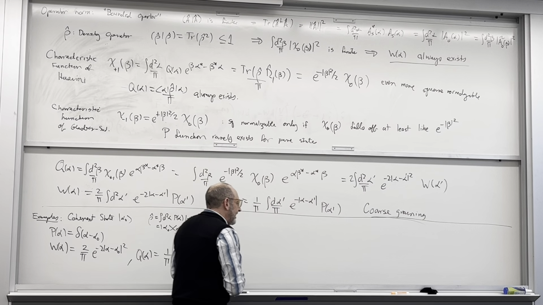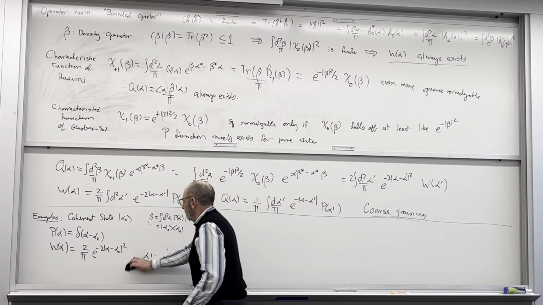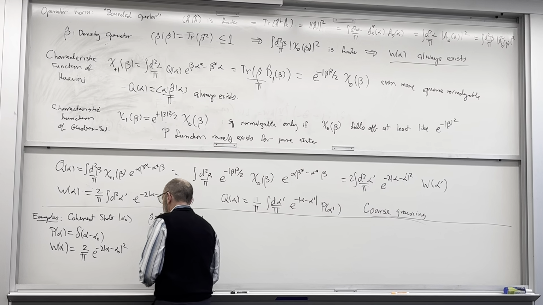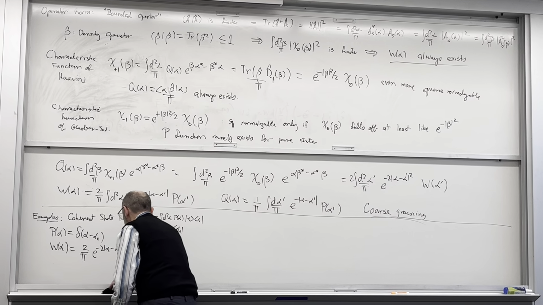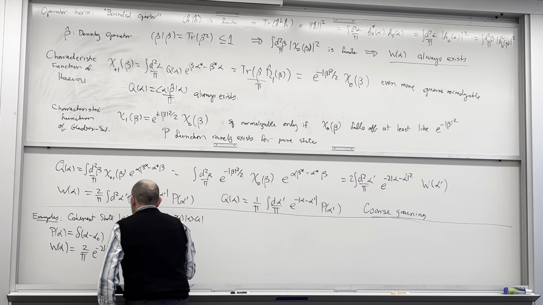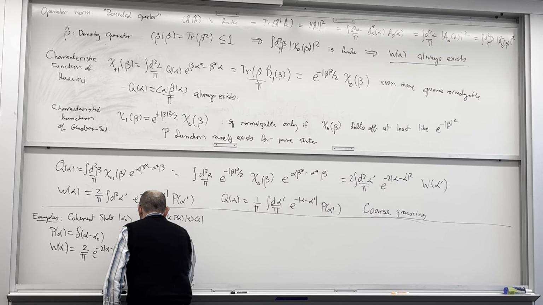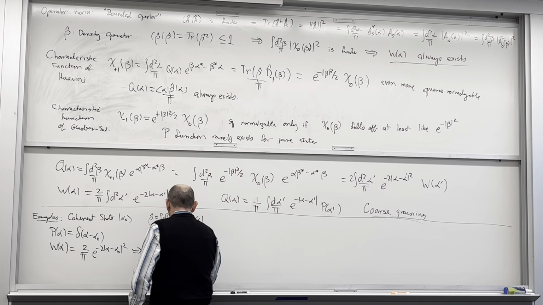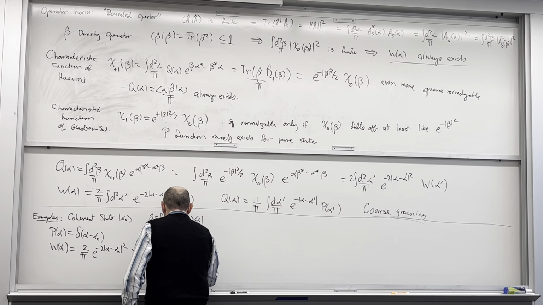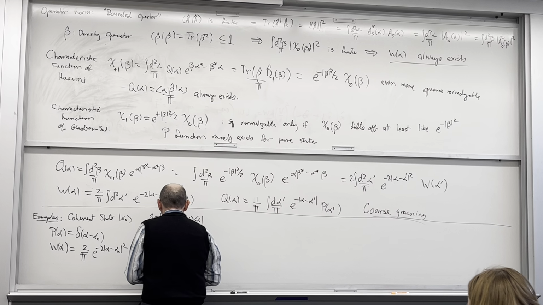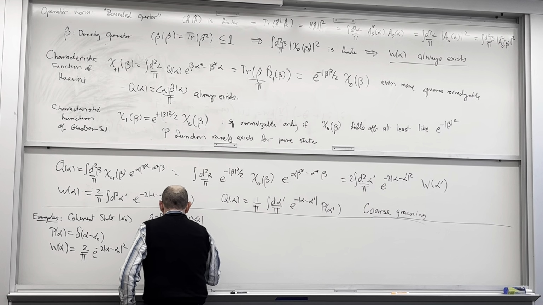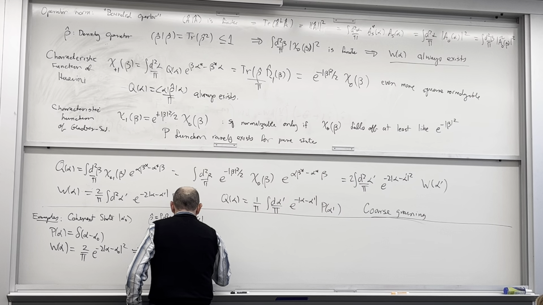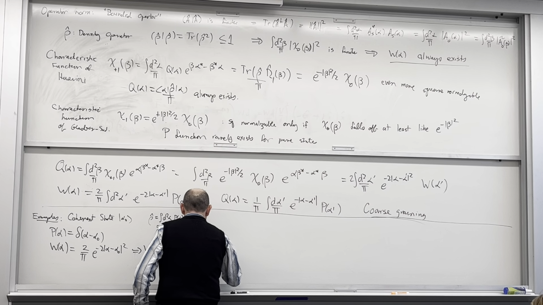But maybe before I write that down, let me just remind you that if I go to the quadratures, this is 1 over pi, e to the minus x minus x naught squared, e to the minus p minus p naught squared.